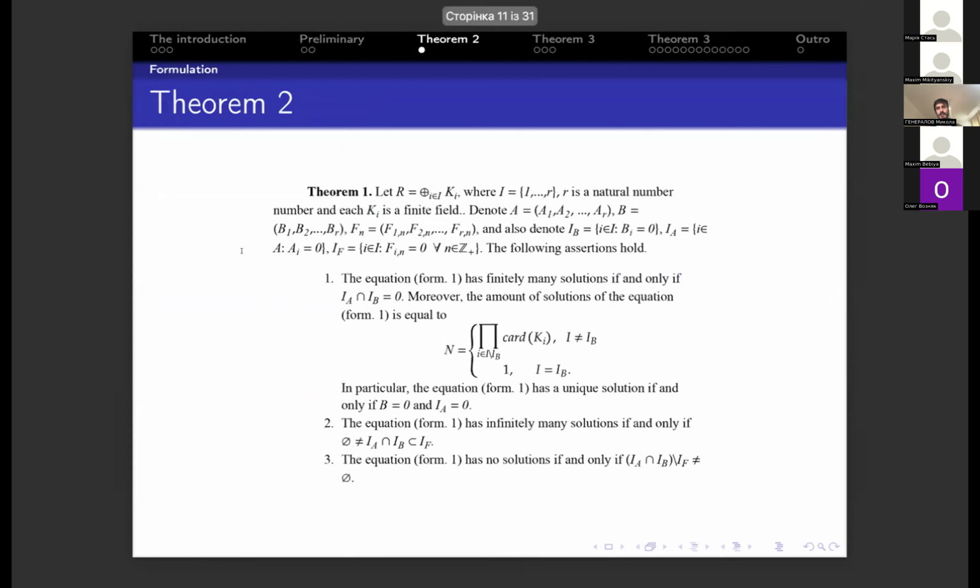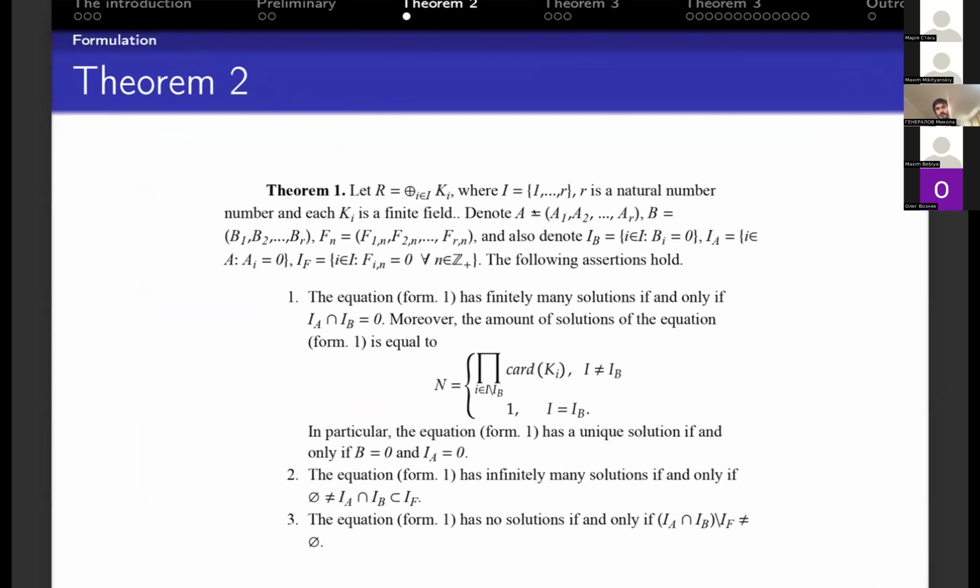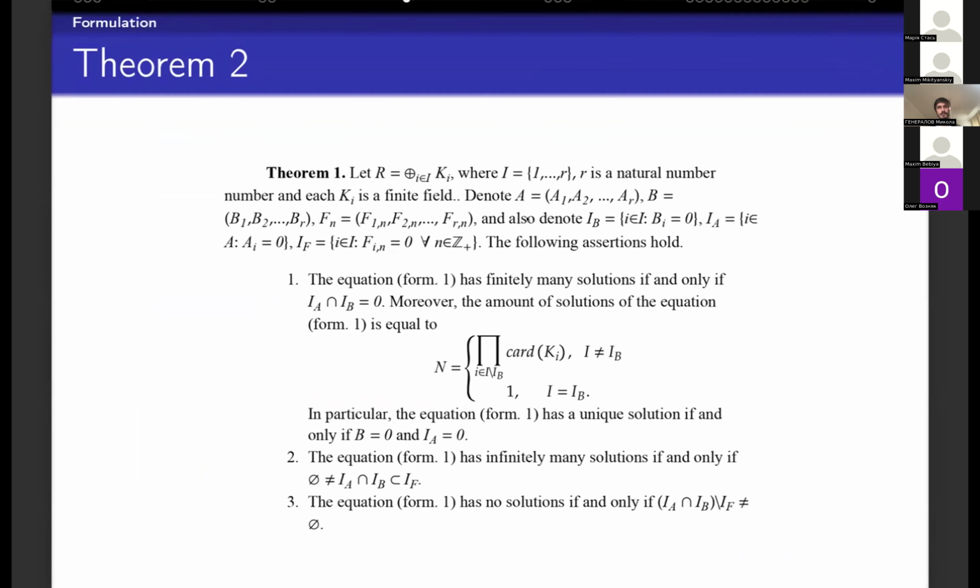So now we pay attention to two theorems, the first of which is the case of the direct sum of finite fields. Let I be an index set from 1 to r, where r is a natural number, and each k sub i is a finite field.